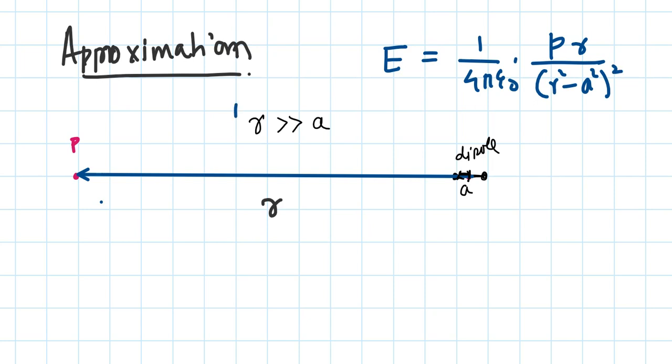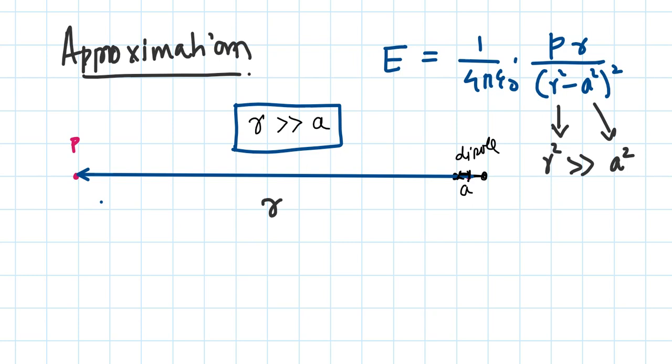So while making this approximation, you can see that if R itself is very large as compared to A, then R square will be much larger than A square. So R square could be like some 10,000, whereas A square could be some 0.1.